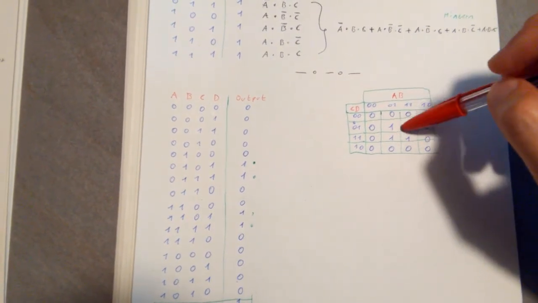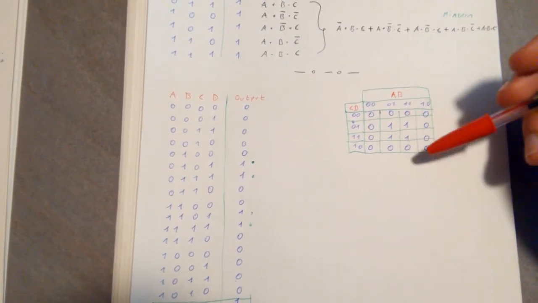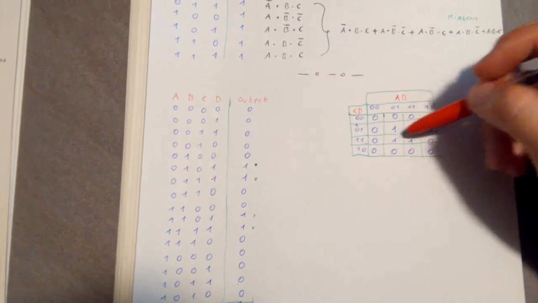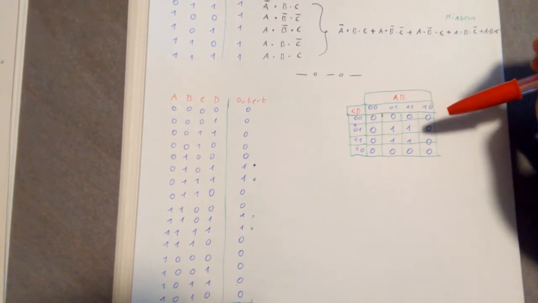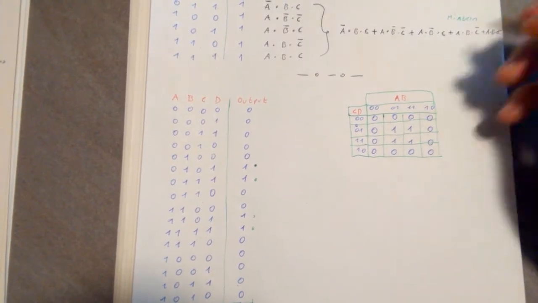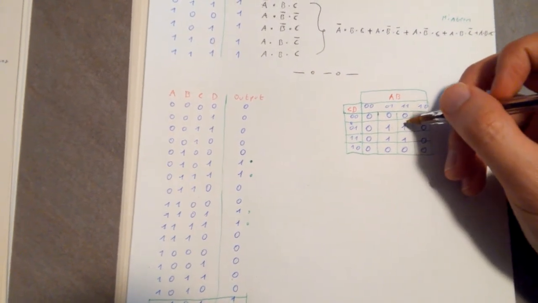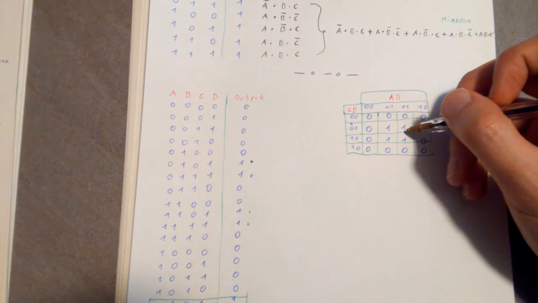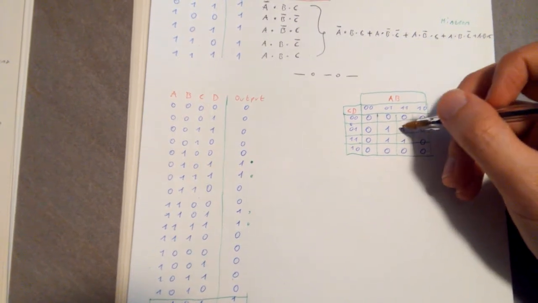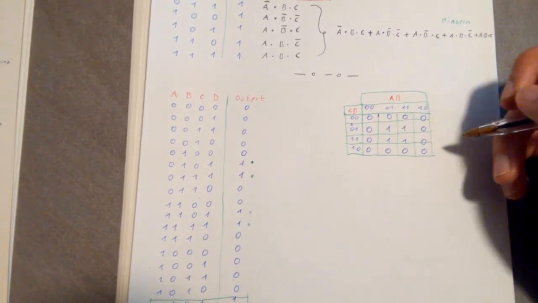So what's a prime implicant? Well, a prime implicant is a group of numbers in which all the numbers are 1, and you can only make a group that is a power of 2. And you can move going up, down, right, and left.